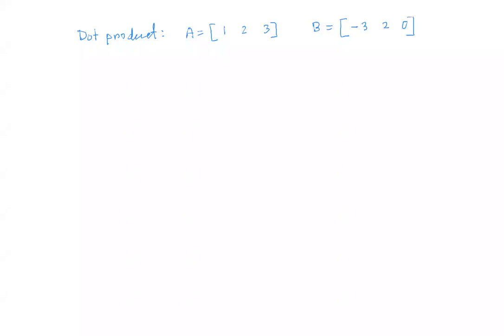So again, we define the dot product of these two row matrices, A dotted B, okay? This is not multiplication, it's just A dot B. You have to put this dot in the middle.